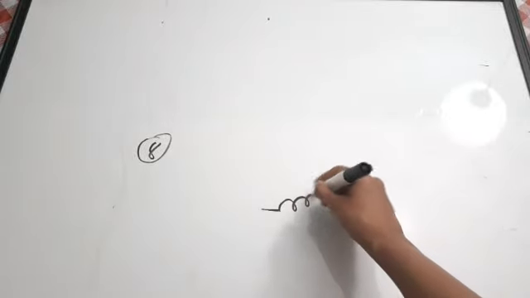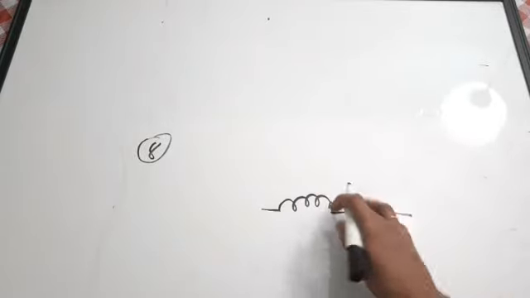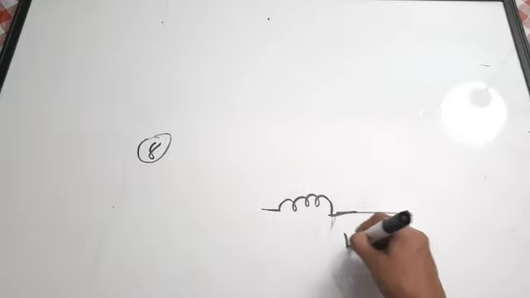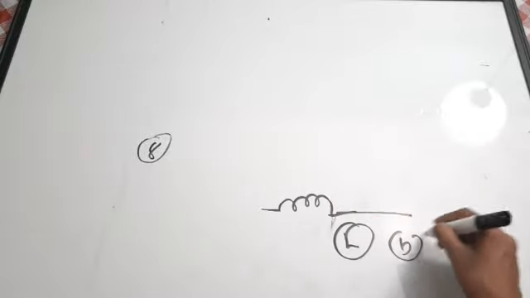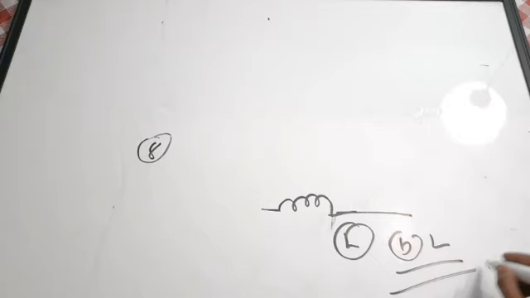We all know that magnetic flux linkage is associated with the inductance, right? So correct answer is inductance or L. Option B, L is the primary element of transmission line associated with the magnetic flux linkage. So 8th question, correct answer is option B.